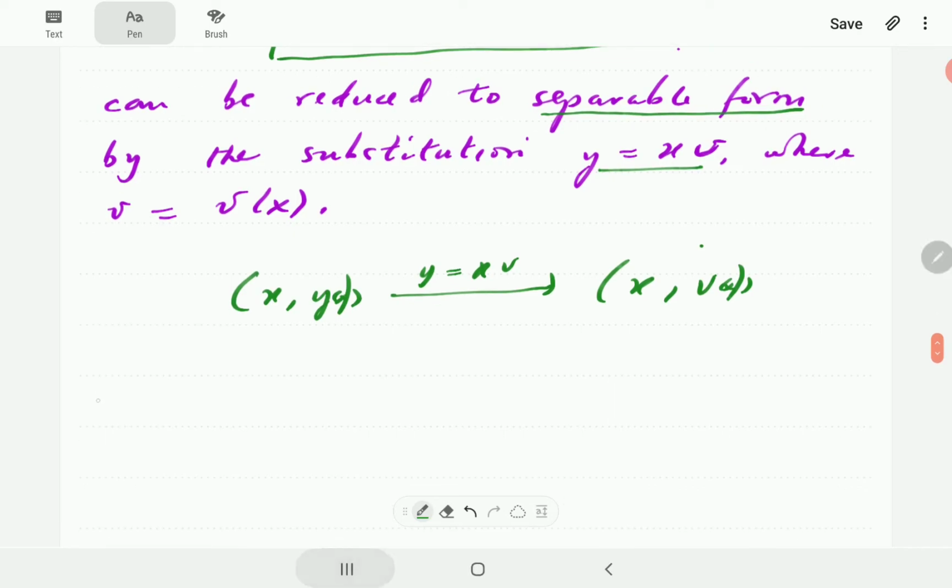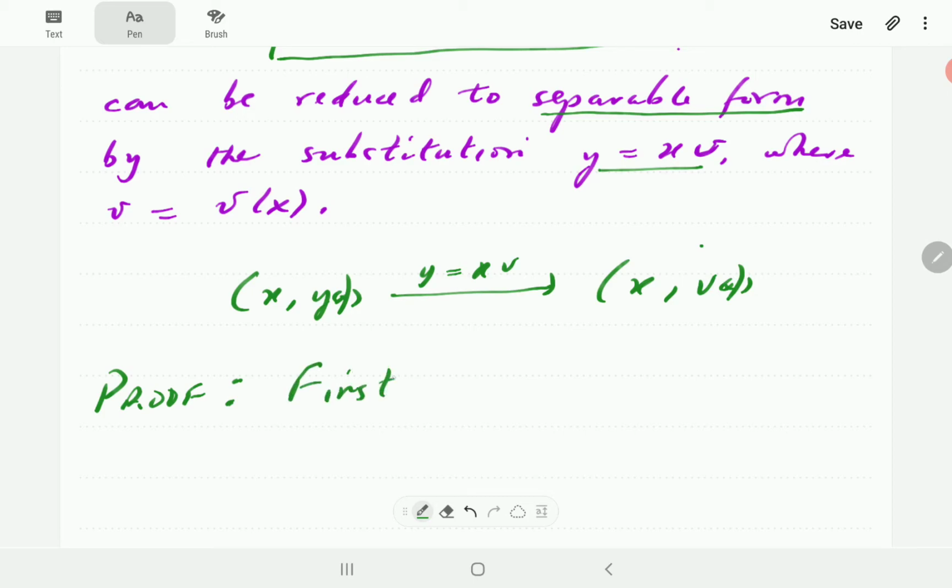So what this theorem is saying is that if you transform from the xy frame to the xv frame via the substitution y equals xv, so y is a function of x and v is also a function of x, then this equation here is going to be separable. This is provided, of course, M and N are homogeneous. So let's see a proof of this, and then after that we will look at some examples. Okay, so we are going to start by rewriting the ODE.